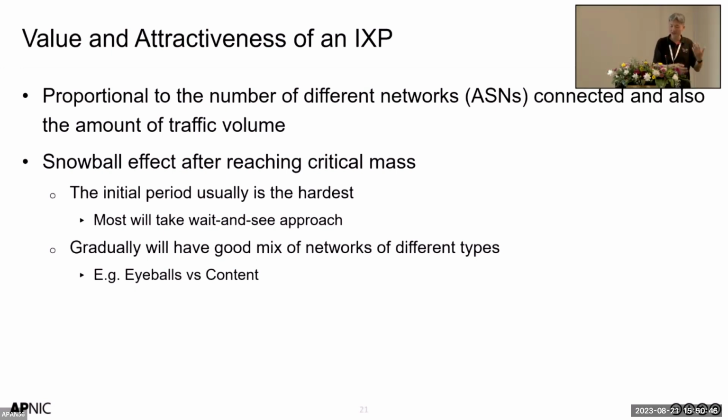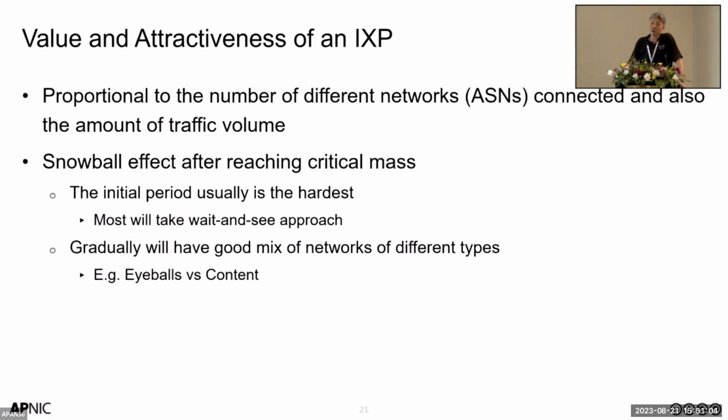But after you have reached a certain number, then people will come automatically. It's a snowball effect if you reach the critical mass. So the initial period is usually the hardest. After you gain the critical mass, the snowball effect comes, and it's getting easier and easier.